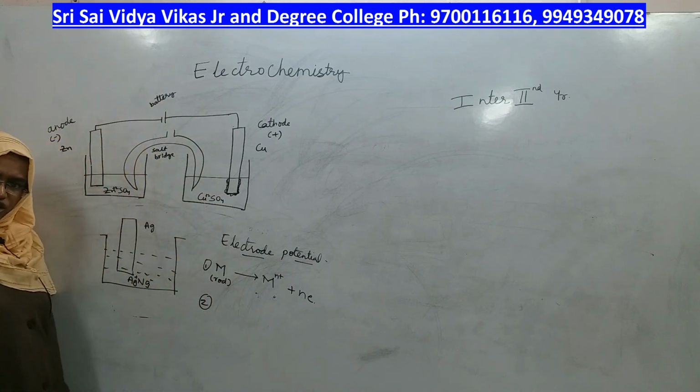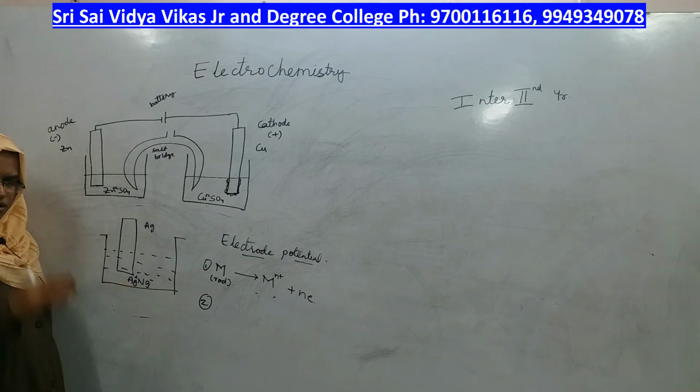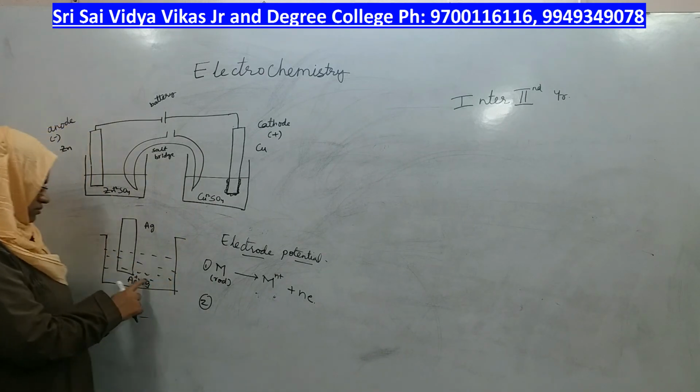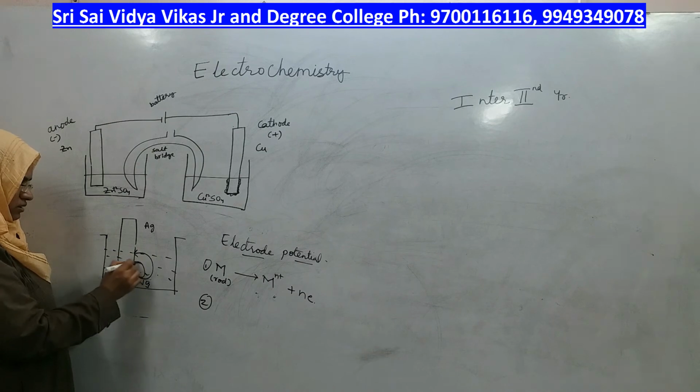The other possibility is also there. What is the other chance? Ion from the solution will undergo reduction and become a metal atom and go and deposit here. That is the other possibility.